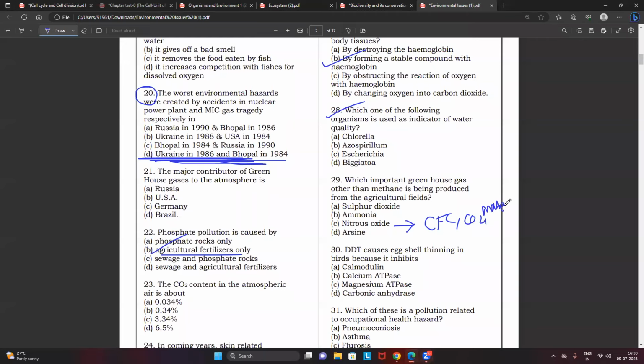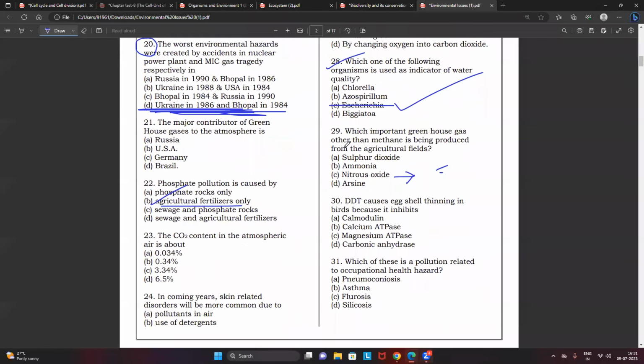Okay, sorry. What is the question I am talking about? What is the question number? I told 28, right? I'm sorry. Question number 28 is Escherichia coli. That is right. I thought it's 29. Question number 28 is a direct question only. Escherichia coli.